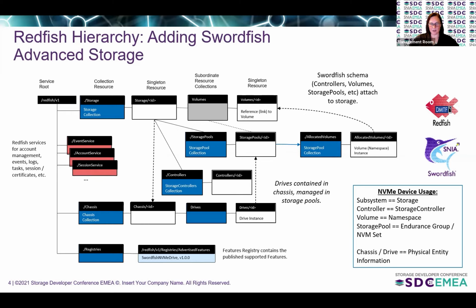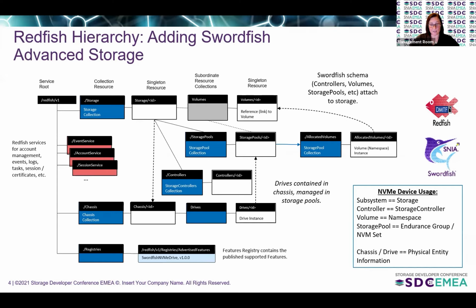These profiles cover the required and recommended properties that implementations should implement in the Redfish and Swordfish layers for NVMe drive implementations. The team is currently working on adding new profiles to support additional NVMe device types, including JBOFs, EBOFs, and arrays.